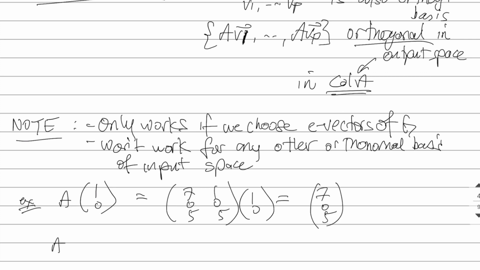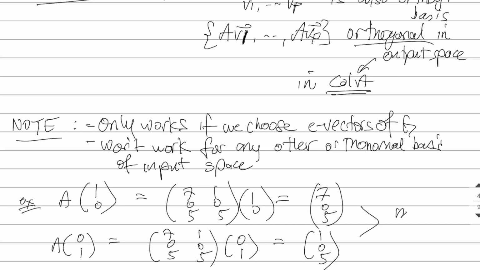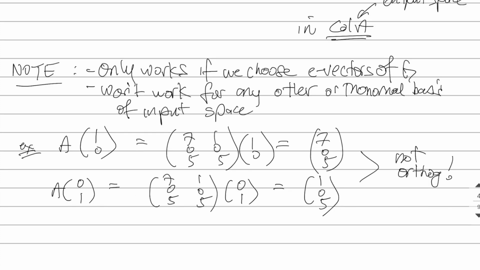And if I were to take the matrix and multiply it by the other unit vector, I'll just get the second column. These two answers are not orthogonal. I have to pick those eigenvectors of G. If I don't, it won't give me this magical property.